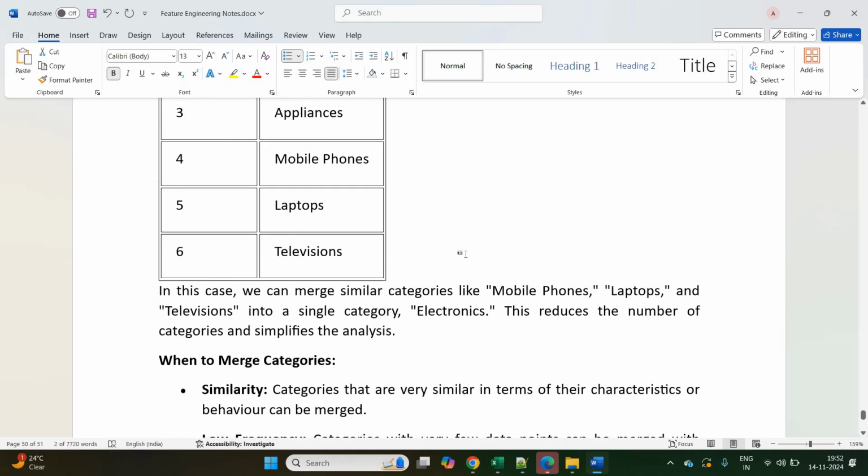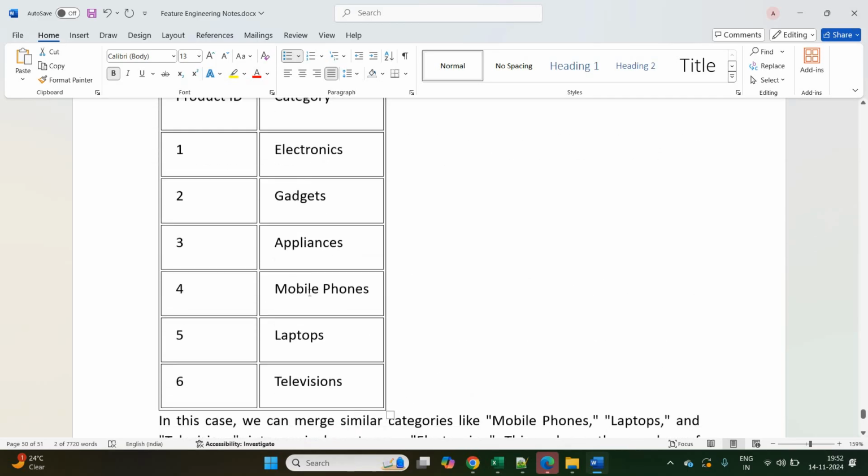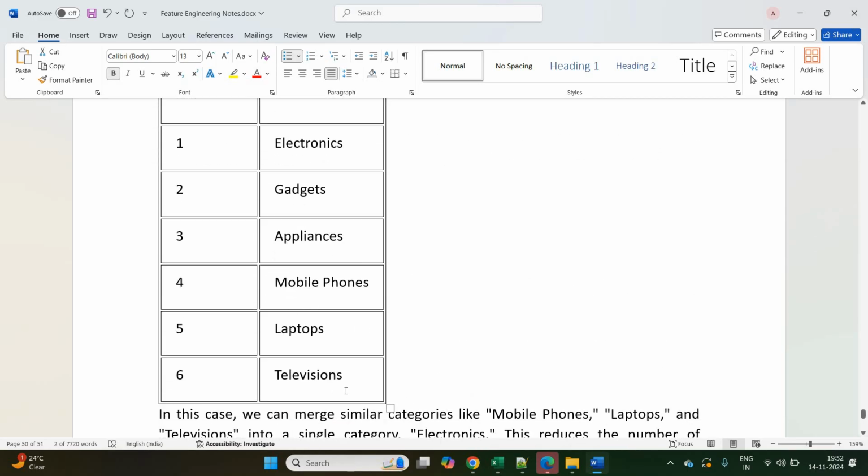Suppose in this category there were many laptops, many televisions, but there were only one or two gadget entries, then obviously these gadgets can be combined with any other thing. Like a laptop can also be considered as a gadget, or the gadget can be considered as an electronic item as well, right?